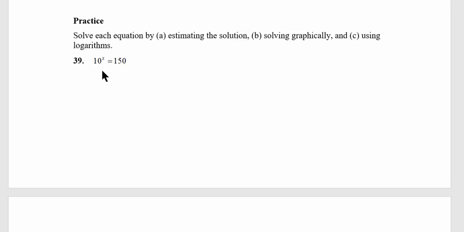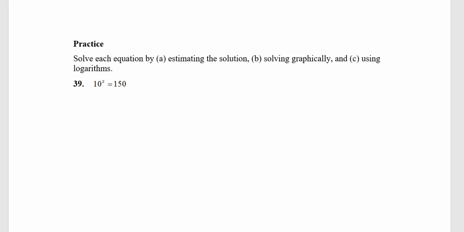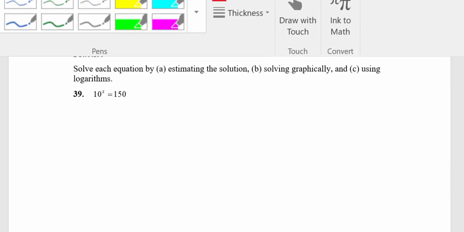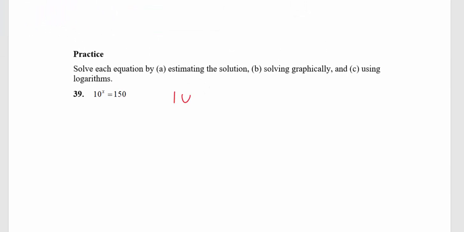Okay, so let's start with estimation. I want to move this to a new page. We're trying to figure out what value of x would result in 150. If I had 10 raised to the 1, I get 10.